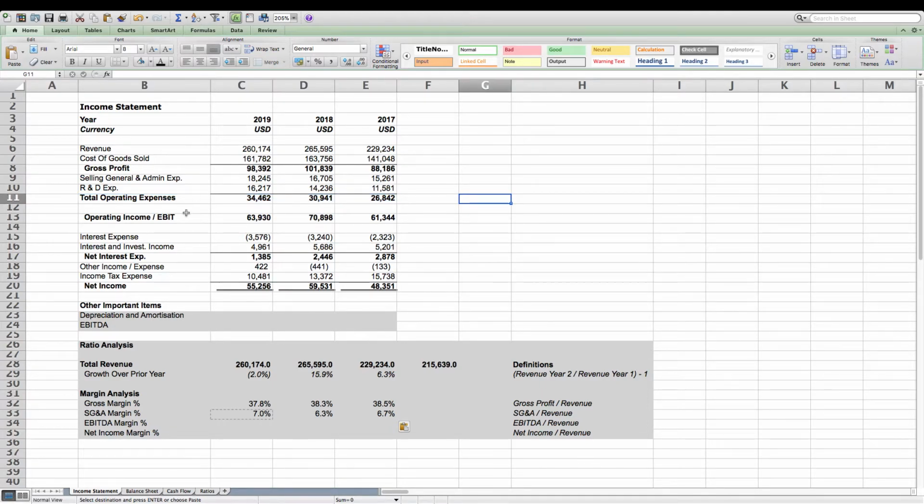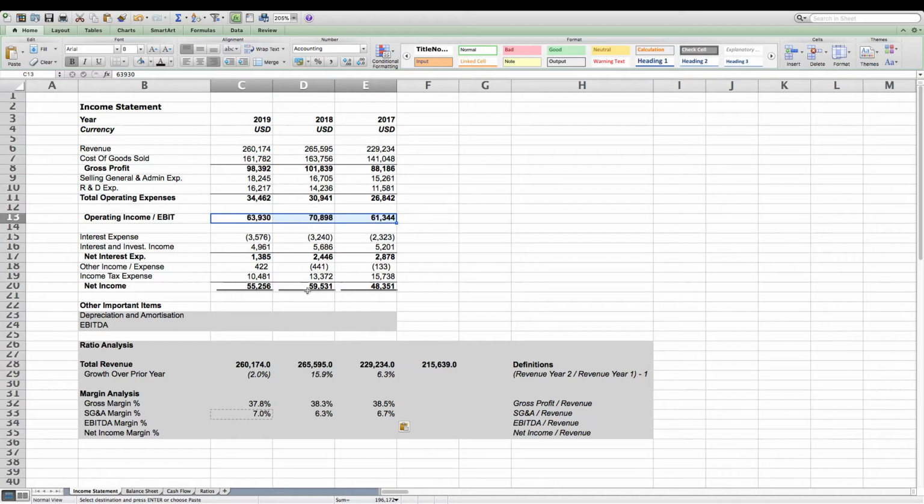Now, what we're going to be doing to calculate EBITDA is finding out the depreciation and amortization and adding it back to the operating income. Again, if you reference back to my previous course, you will understand exactly how and why we're doing this.